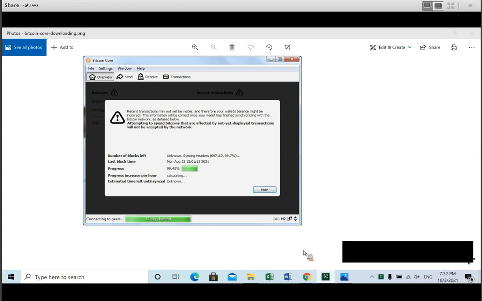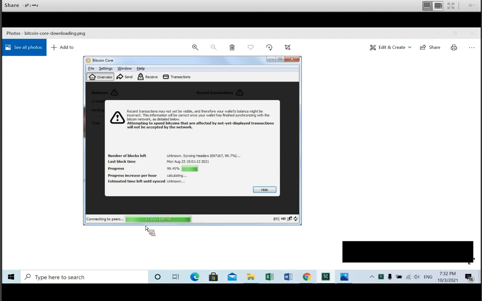When you are trying to install the Bitcoin Core, as I said, you will see something like this. You can do anything before downloading all the blocks.